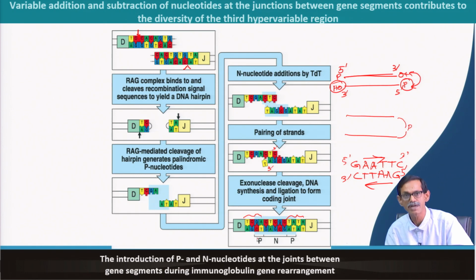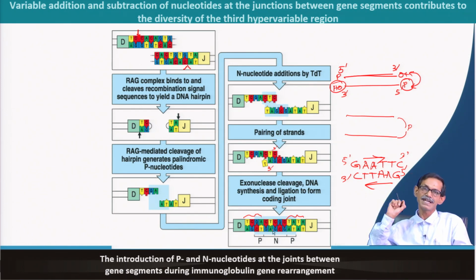This palindromic part is called P nucleotide. In palindrome also there are 2 nucleotides extra. So, this is called P, palindrome, okay, because this is a palindromic sequence, both sides it is a palindrome. But in between, the 5 nucleotides, this GAGCG, which is added by this TdT, which is random.